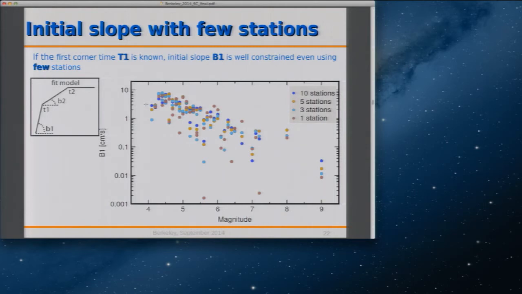What I mean is that if we look at this model, if we are able to stop precisely at this time when the slope is changing, even 1 station or 3 stations can be enough to constrain the slope. But again, the problem is how to stop here at this time, because the change in the slope is not so evident sometimes.